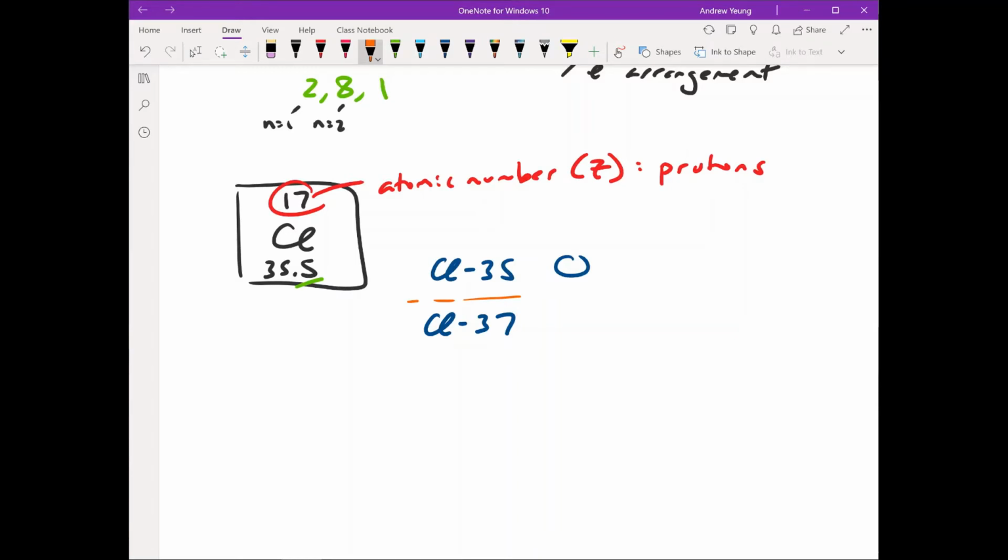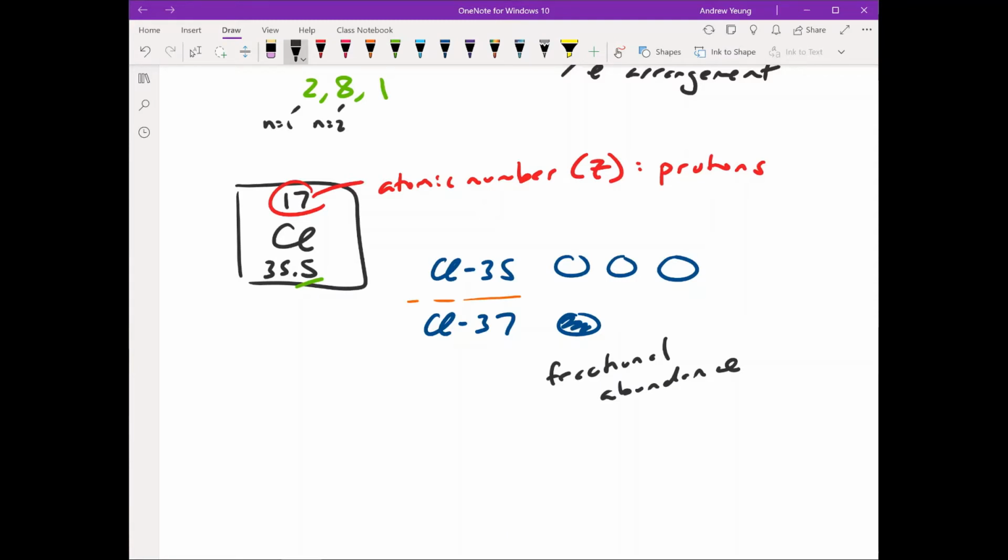It turns out there's about 3 of the lighter isotope for every 1 heavier isotope. I'll color that in so you can see the difference. The actual chlorines only weigh 35 or 37, but averaging based on this, they call this sometimes a fractional abundance. So the abundance in our universe ends up being perhaps decimals.